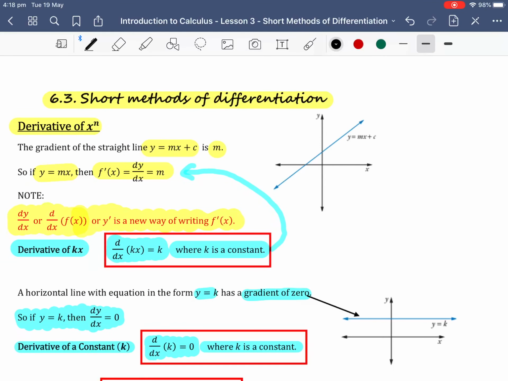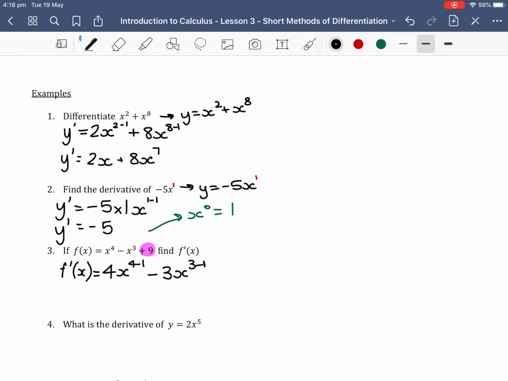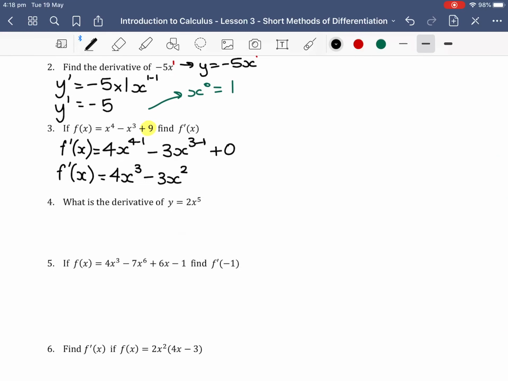If we look back, the derivative of a constant is just 0, so it's just going to be plus 0. So then we have f dash x equals 4x to the power of 3, minus 3x to the power of 2, and our plus 0 just disappears.